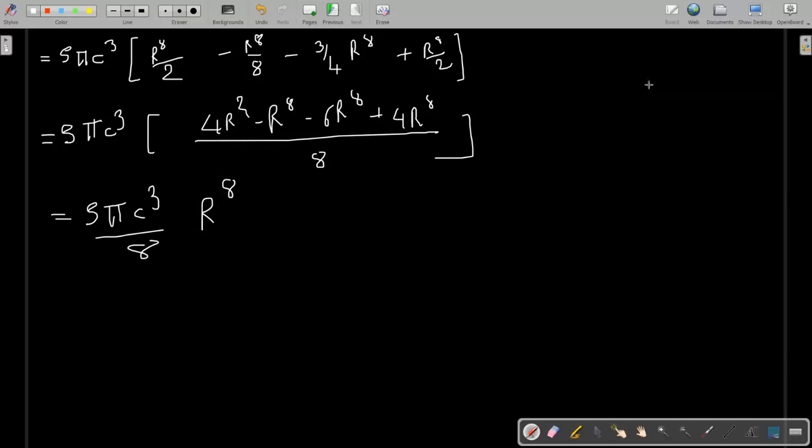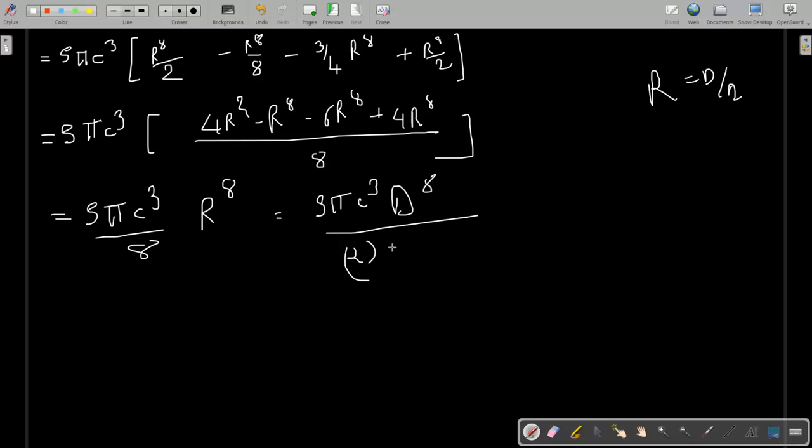Okay, now we can write R is equal to D by 2. So put this value: rho pi c cube into capital D power 8 divided by 8, we can write as 2 power 3, and here 2 power 8. So ultimately I can write rho pi c cube into D power 8 divided by 2 power 11.